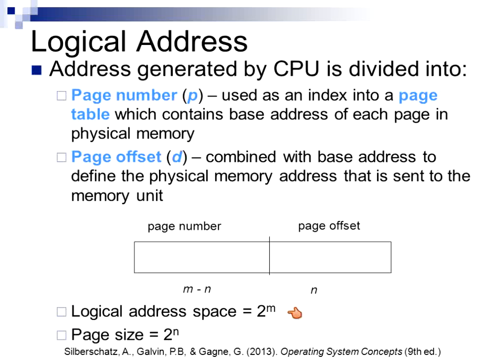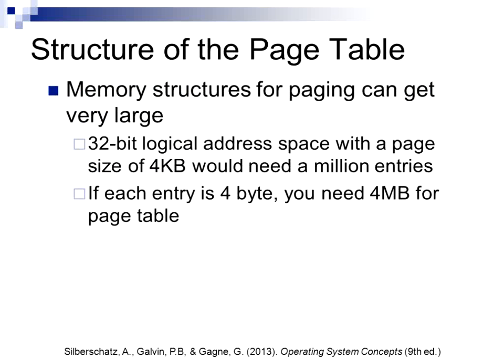So you end up with a logical address space that's 2 to the m power, and a page size that's 2 to the n power. So this part of the address is the offset into the page, and this part is the page number. Okay, so we have these two pieces of a logical address, and you can structure your page table so that you have these 32-bit logical addresses with a page size of 4K.